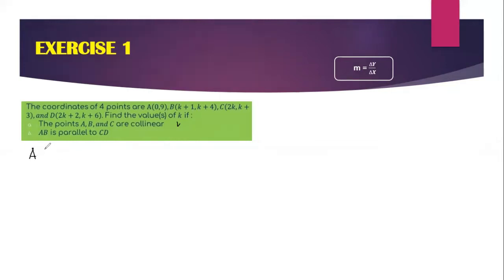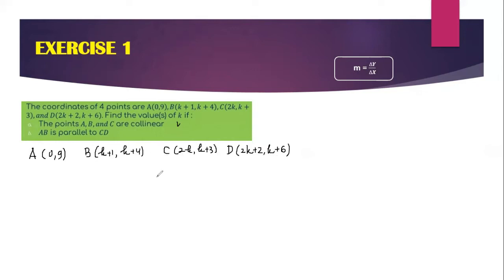Point A is (0, 9), point B is (k + 1, k + 4), point C is (2k, k + 3), and point D is (2k + 2, k + 6).